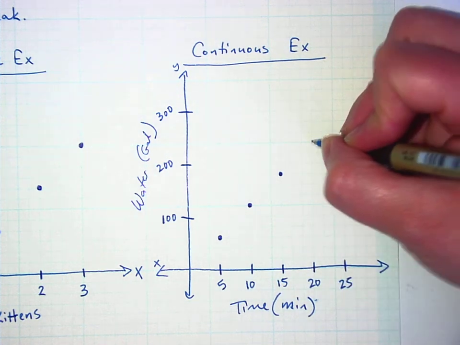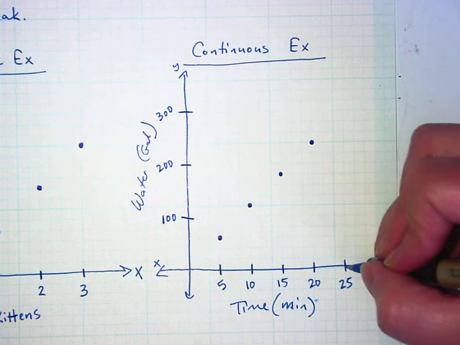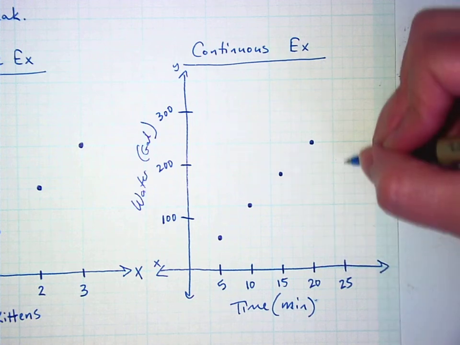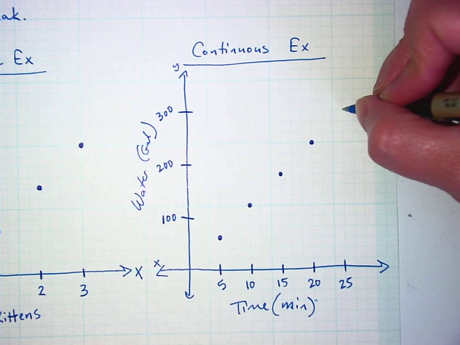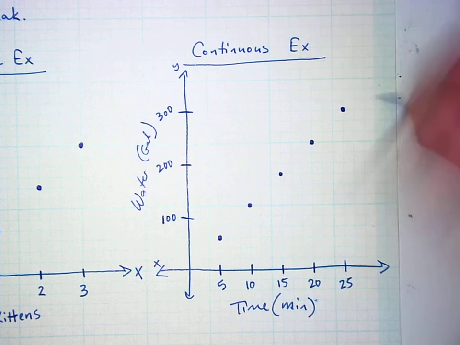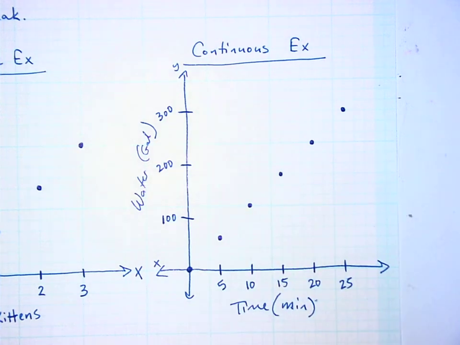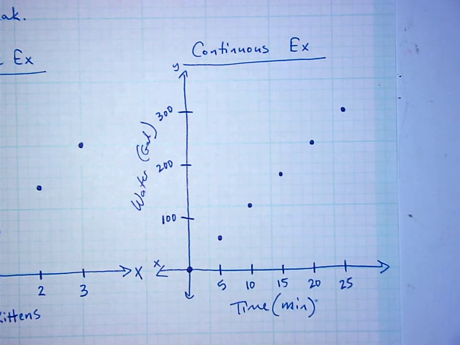What's 5 times 60? 300. Good job, Colin. And at 0 minutes, there's 0 gallons in there because we're putting gallons in.